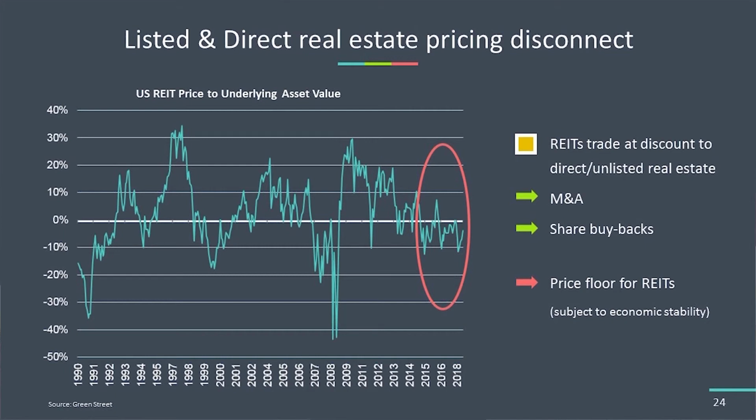So they're selling assets and buying back stock to take advantage of that arbitrage. Or we're seeing M&A activity. We're seeing take privates. And here in Australia, obviously, most recently, Investa Office Fund, taken over by Blackstone. So to us, that creates a real floor for the sector.